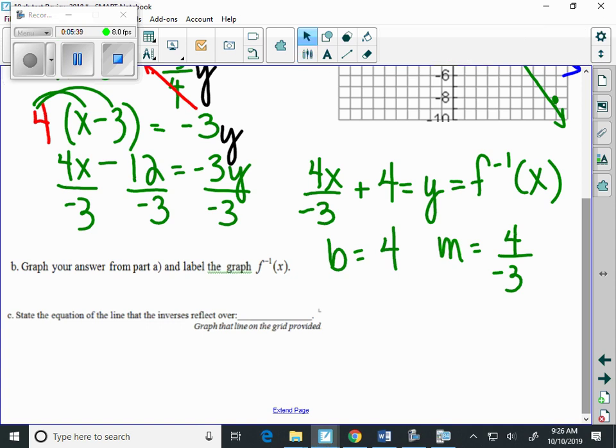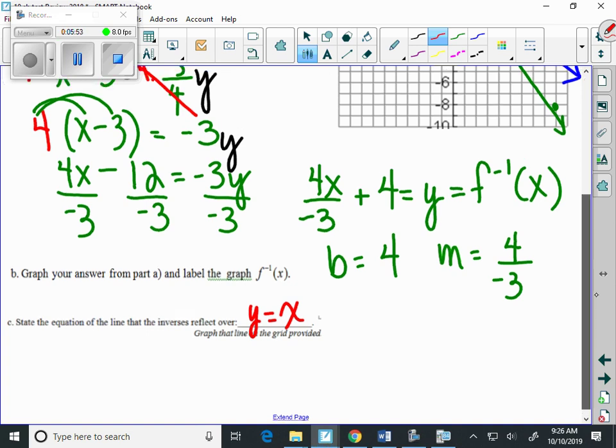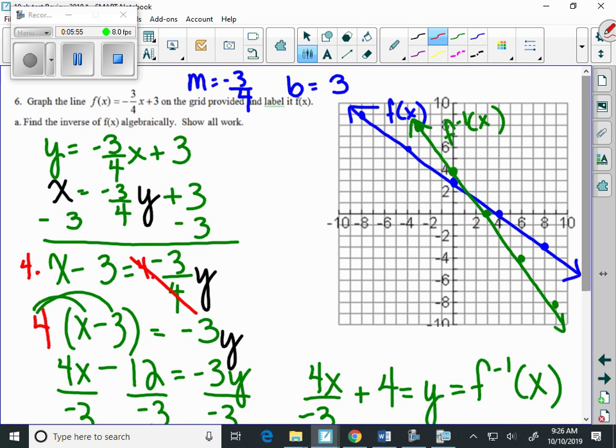Well, the line that the inverses reflect over is y equals x. And I think you probably remember where it is more than you remember what it is. Because where it is, it starts at the bottom, bottom left, and goes to the upper right, and then to the middle.